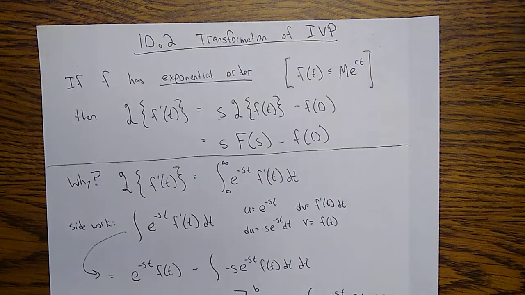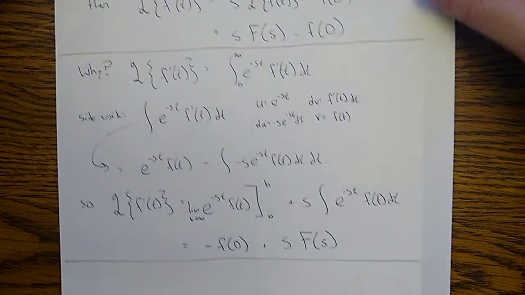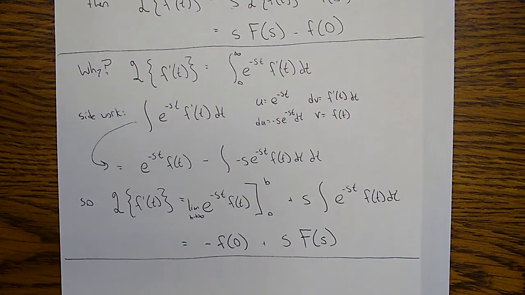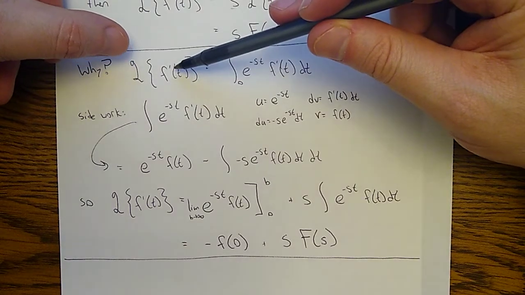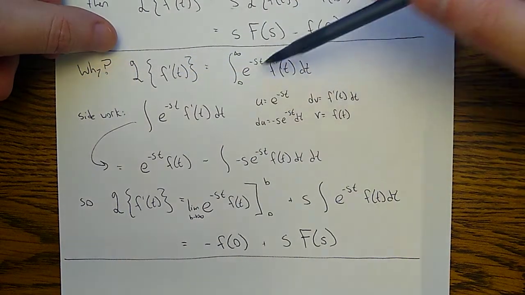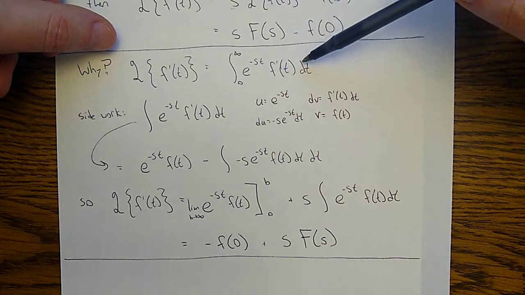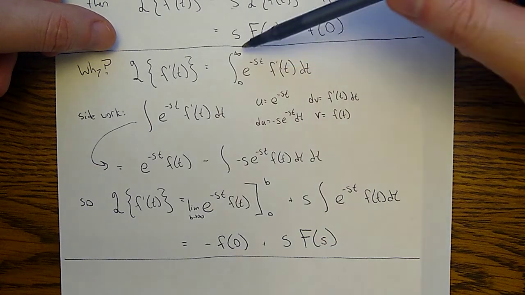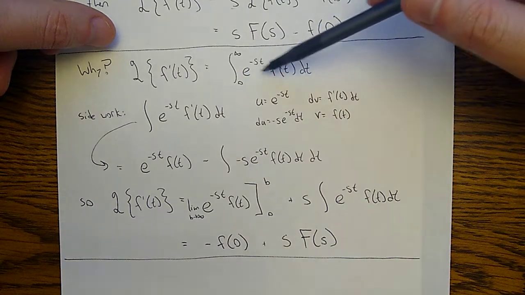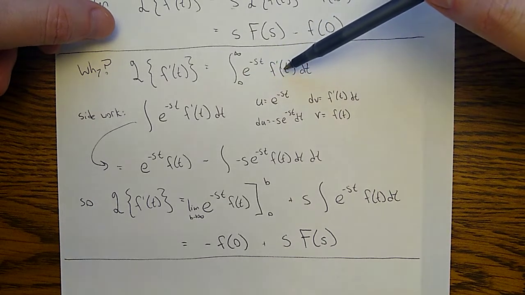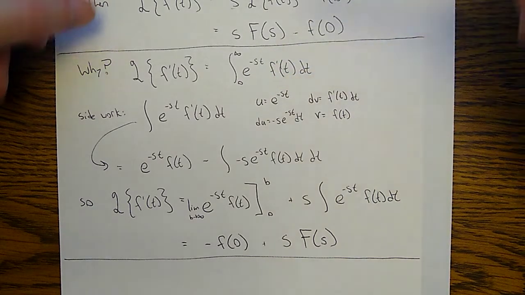So why is this? I'll give you a short justification. It's basically because of integration by parts. What happens when I plug in the derivative to do the Laplace transform of it? This is the formula for a Laplace transform, meaning I would want to find the antiderivative of this function, e to the minus st f prime of t.